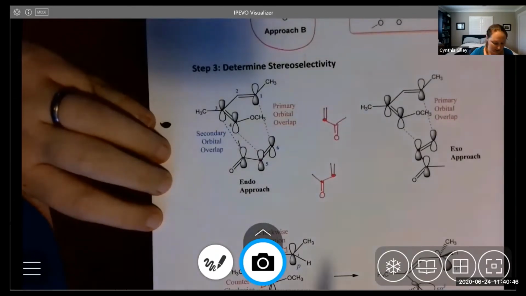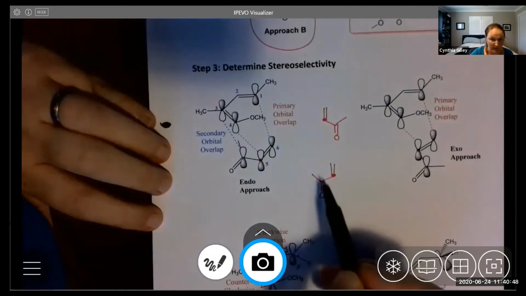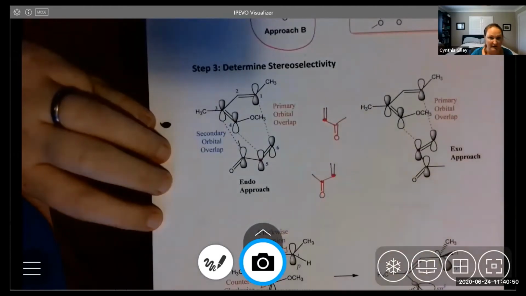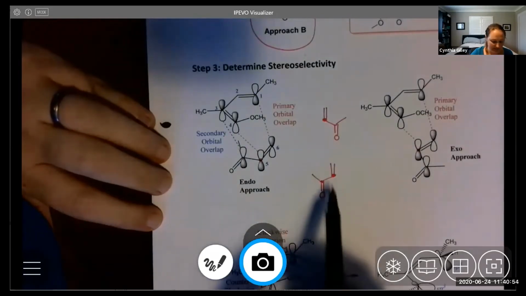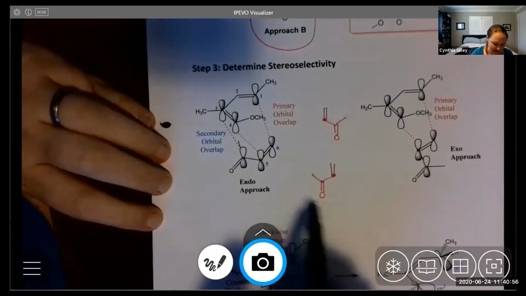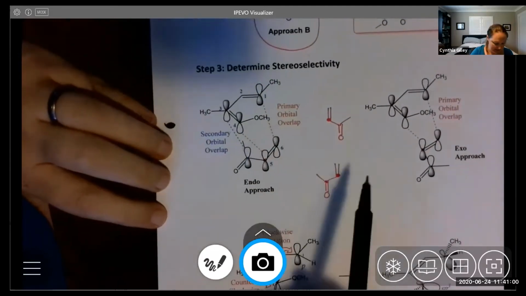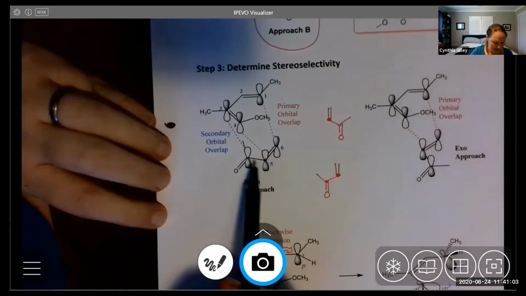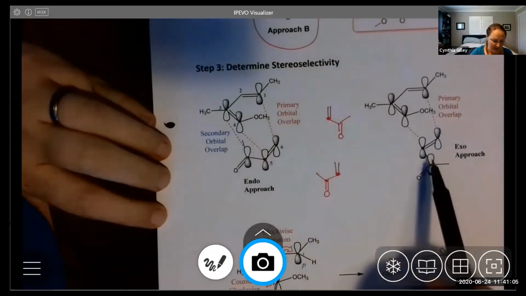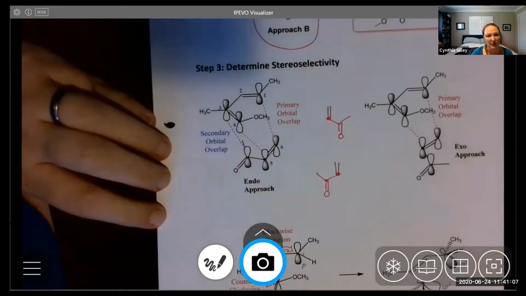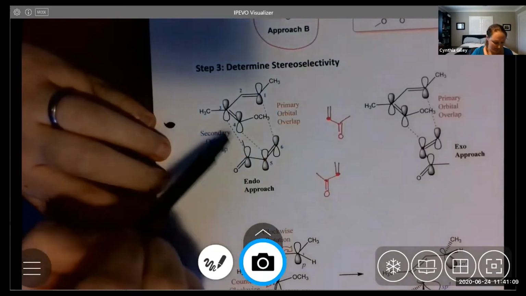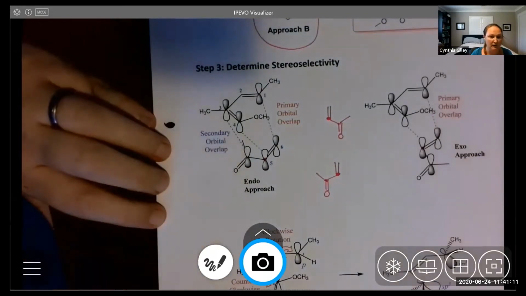And it will lead to one of these to be on a wedge and the other on a dash, and vice versa. Okay, anywho, so this is what we're seeing here. So with it on the bottom, is it going to point in or is it going to point out? We know that it points in because of favorable overlap.